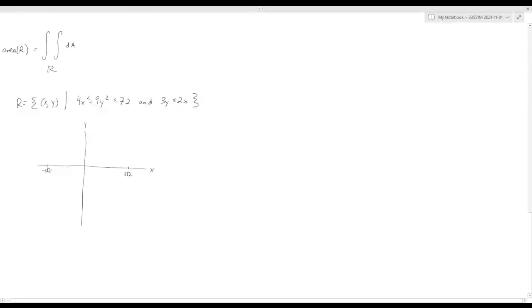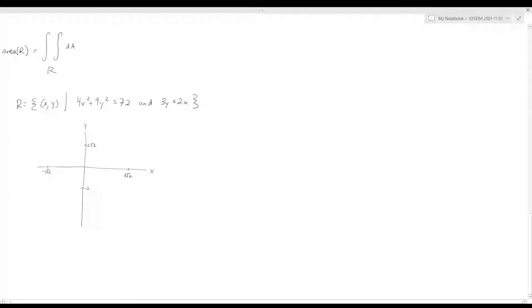And the y-intercepts are plus or minus 2 times square root of 2. And we have our ellipse.